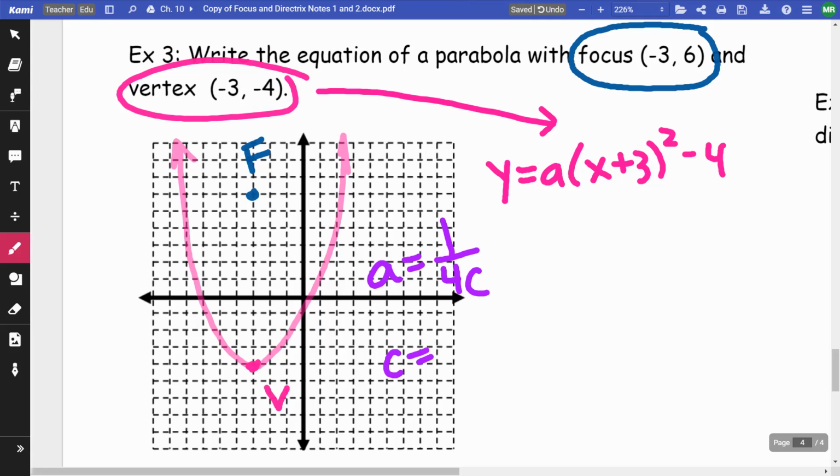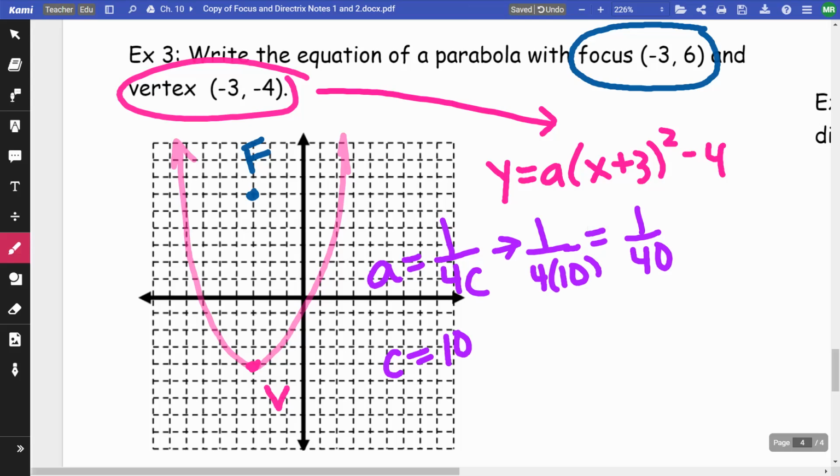What is my c in this problem? So my c is 10, which means my a is going to be 1 over 4 times 10, or 1 over 40. That is my a. My stretch is 1/40.